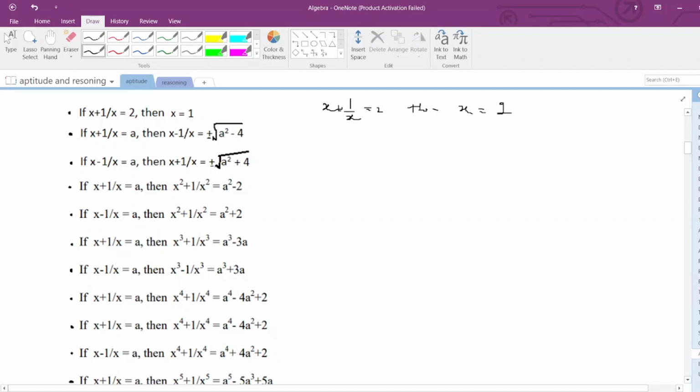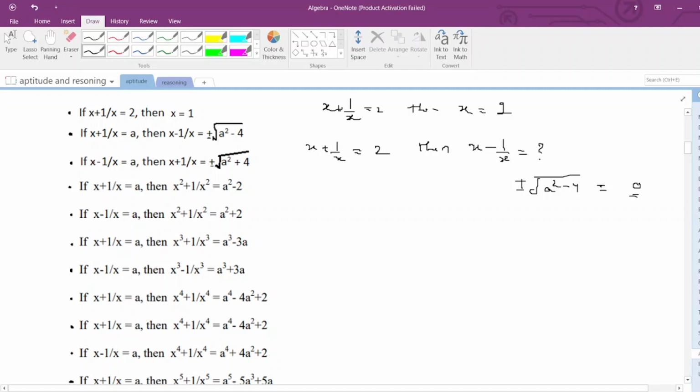In second case, if they give x plus 1 by x is equal to a, where in place of a I'm taking 2, then x minus 1 by x is equal to what? They can ask. For that case you have to use the formula square root of a square minus 4, plus or minus. What is the value of a here? 2, right? 2 square minus 4, which means 0. We are getting 0.